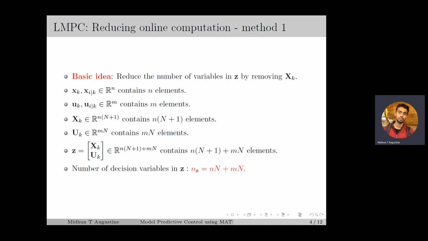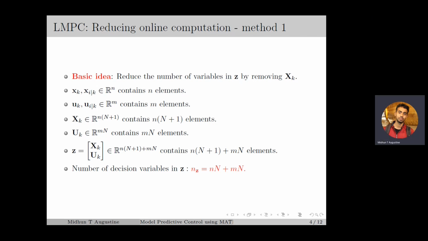From the previous lectures, we have small xk and xi given k are the state vectors which belong to R^n and contain small n number of elements. And small uk and ui given k are the control vectors which belong to R^m and contain small m number of elements.